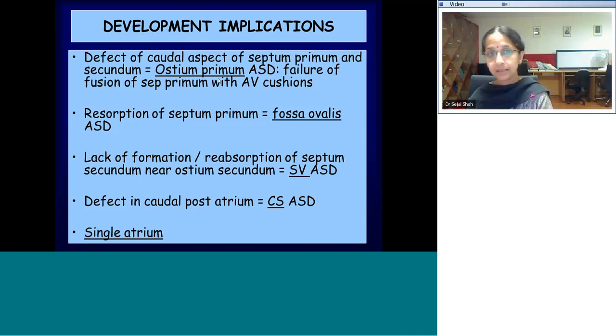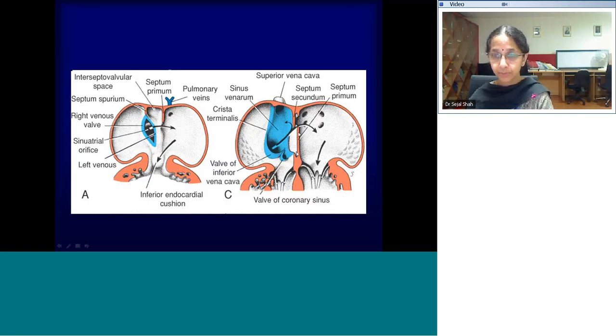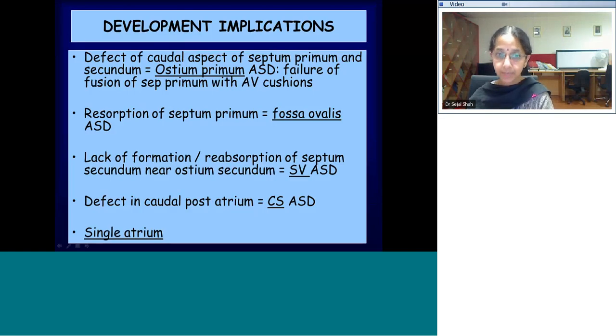If there is resorption of the septum primum, you have a defect called a fossa ovalis defect, commonly termed a secundum ASD. So secundum ASDs or fossa ovalis defects are defects because of resorption in the septum primum.